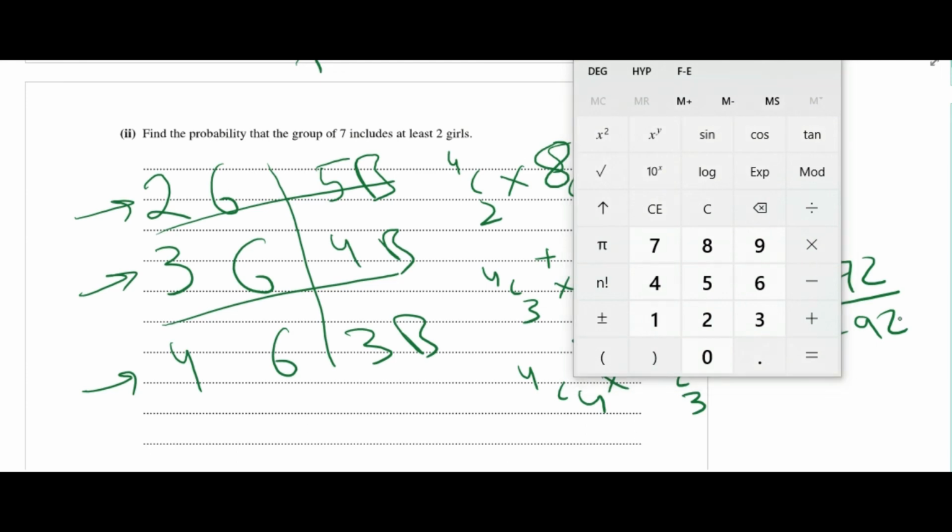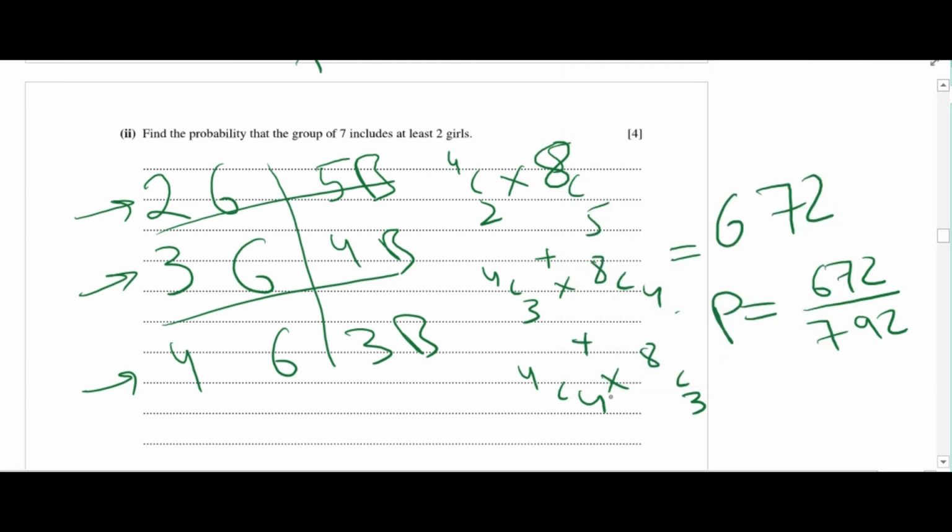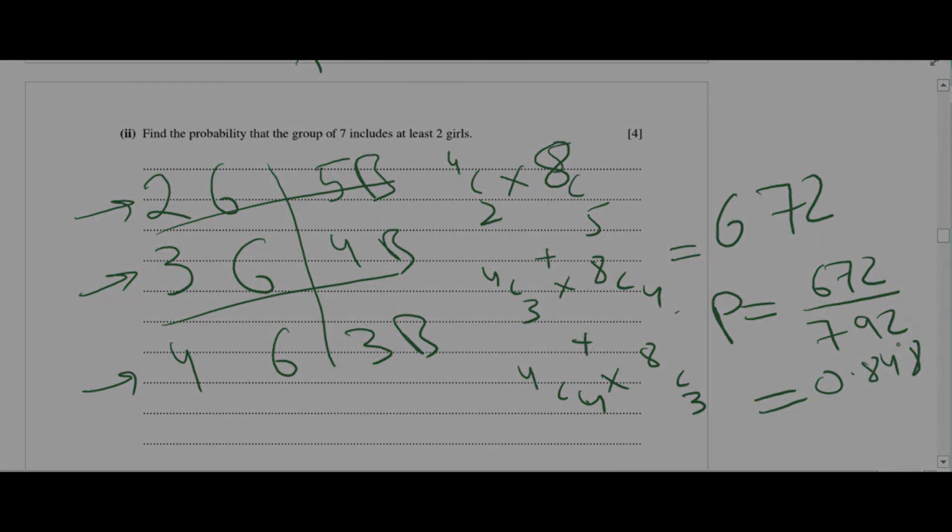So 672 upon 792 is equal to 0.8484. So the answer is 0.84.